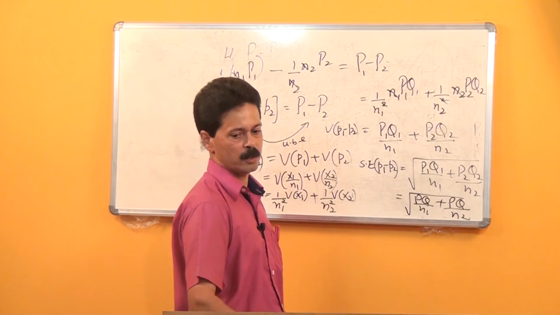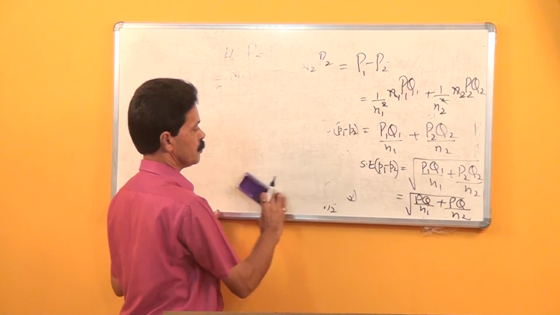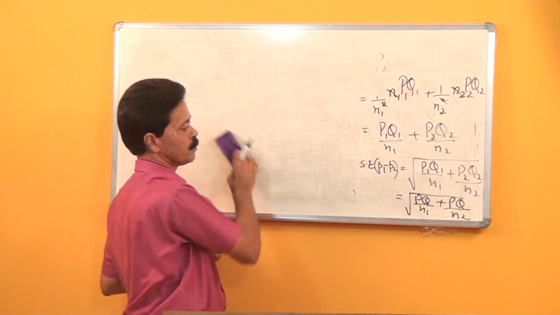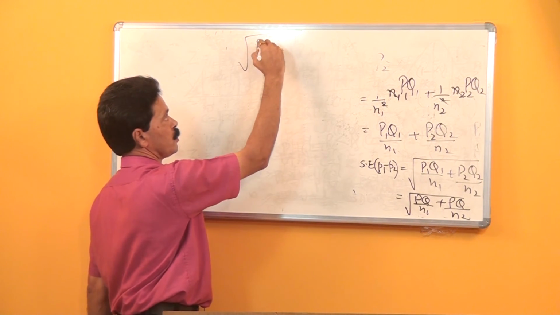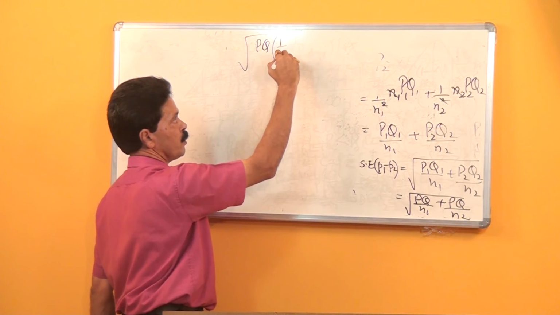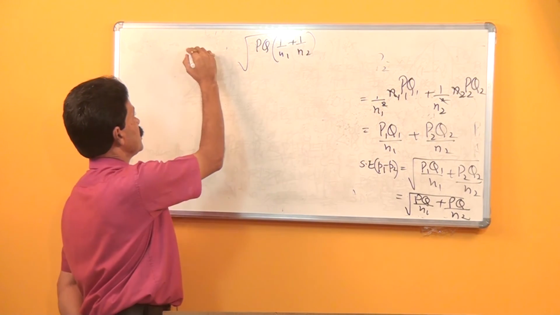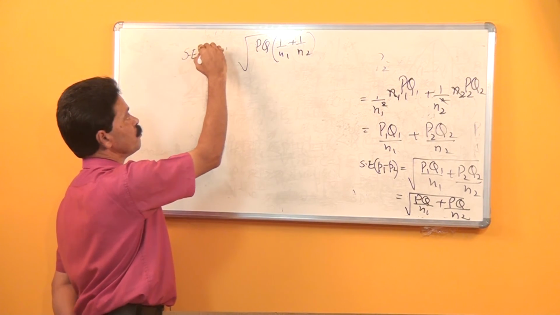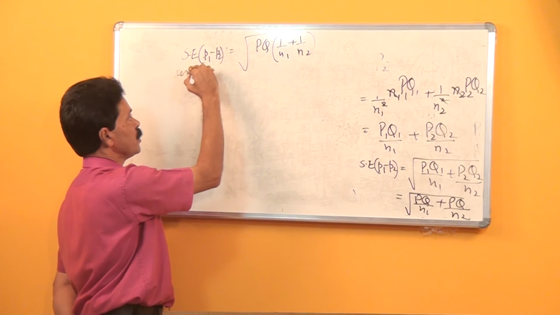So that is equal to, taking PQ outside, the square root of PQ into 1 over N1 plus 1 over N2. This is the standard error of P1 minus P2 under H0.